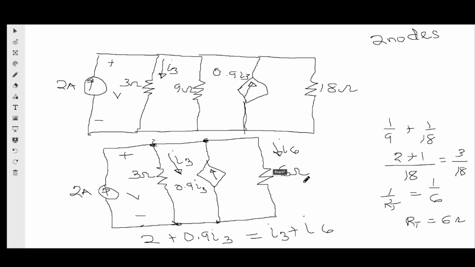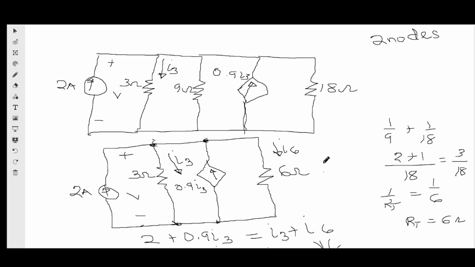The voltage on the 6 ohm is V. Because the voltage on the 6 ohm is V, I can say that 2 plus 0.9 I3 is the same thing as I3 plus V over 6. Do you understand?